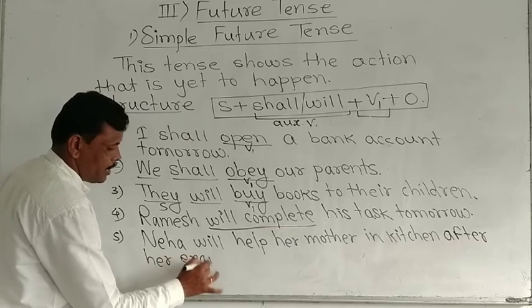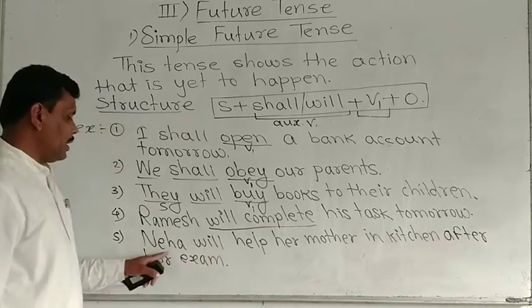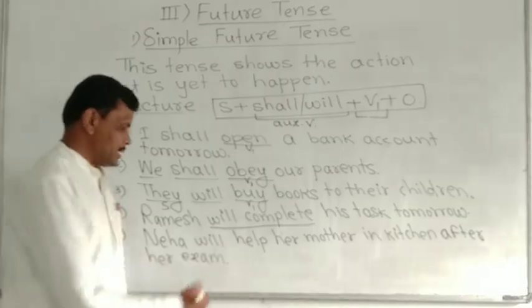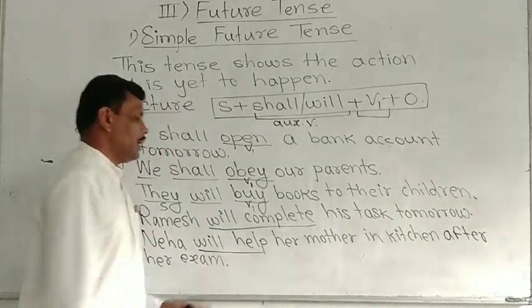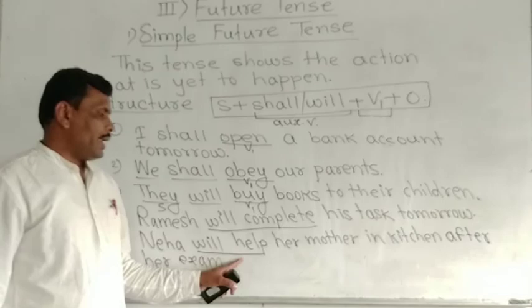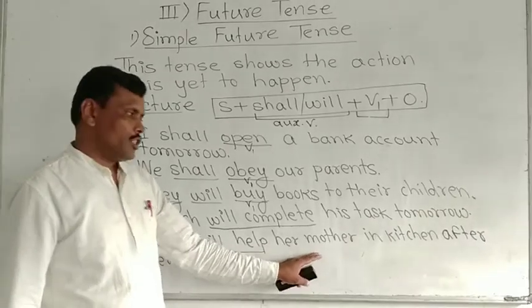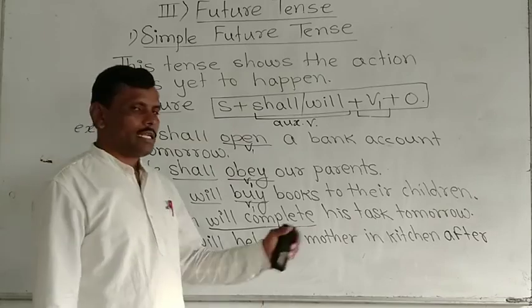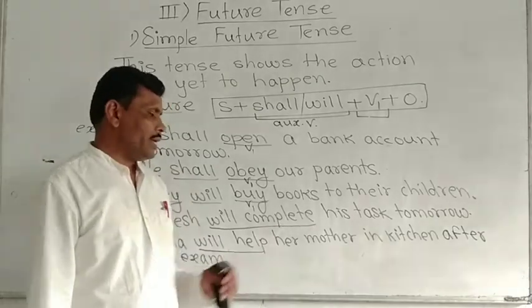We have given here the example. Neha is the subject. Will plus V1 is the simple future tense. Neha will help her mother, that is the object, in kitchen after her exam, that is the remaining part of the sentence.